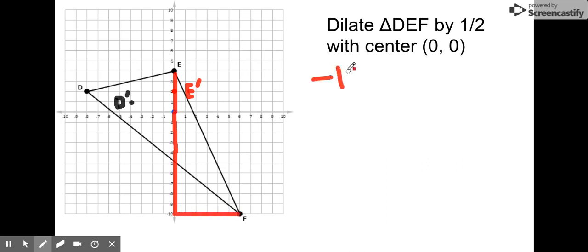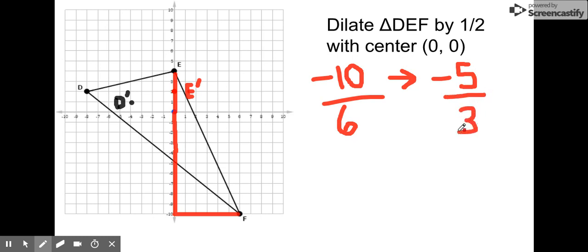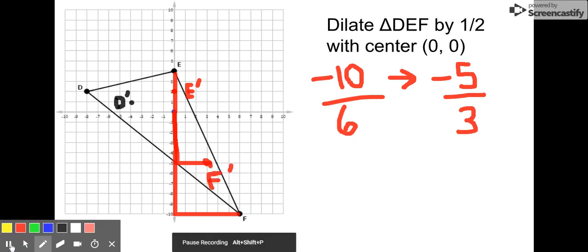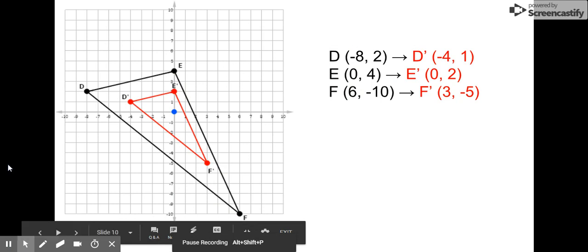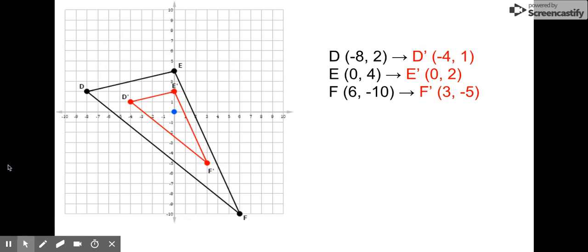We want that to be half the size, so we want to go down 5, right 3. So starting at the center of dilation, we go down 5, right 3, and we find that F prime is located at 3, -5.